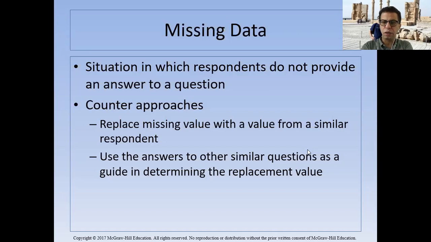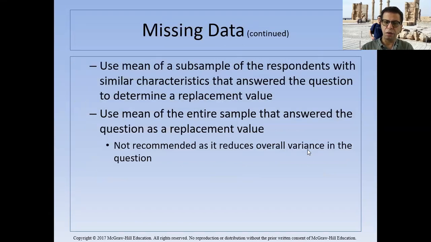But you want to make sure that you don't do this for so many of them, because that might affect the result. So these are two ways of doing it. One, you look at the similar response and enter the data for the missing one, or the second, you just use the mean. So as it says, use the mean of a sample of respondents with similar characteristics.